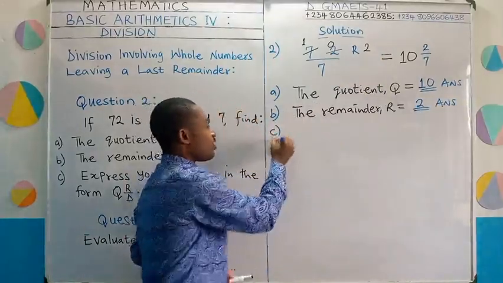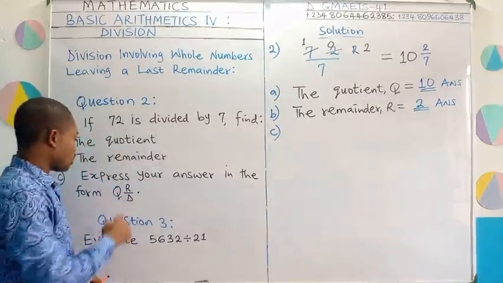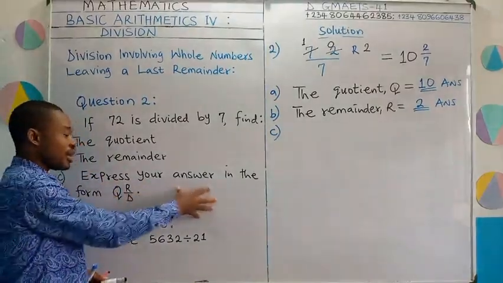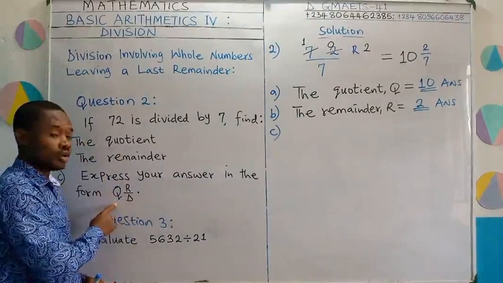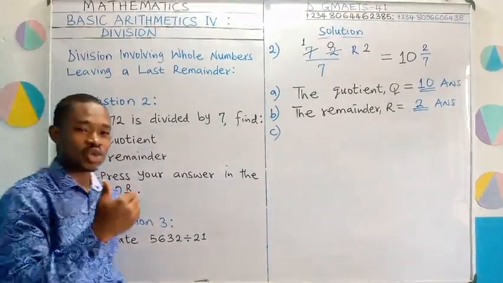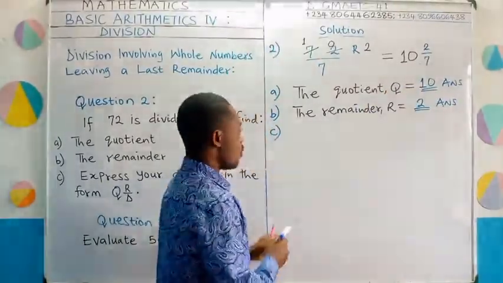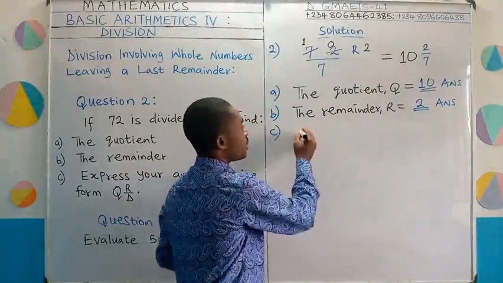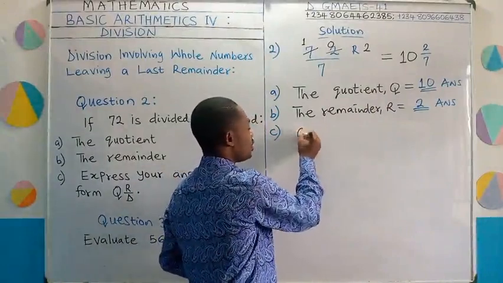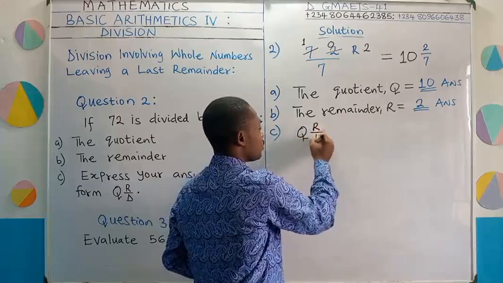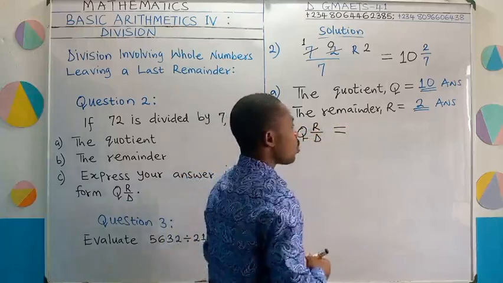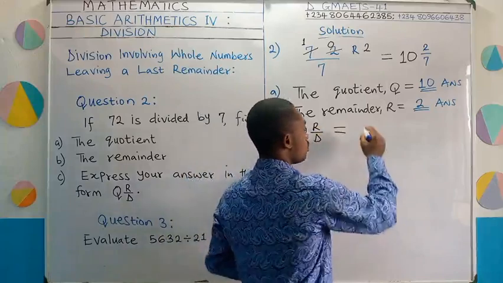We are moving on to the C part of the question. In the C part of the question, we are asked to express our answer in the form Q whole number, R over D. That is, write your answer in that form. And of course, I've already done it here. 10 whole number, 2/7. So I'm going to write Q whole number, R over D, simply equal to 10 whole number, 2/7.